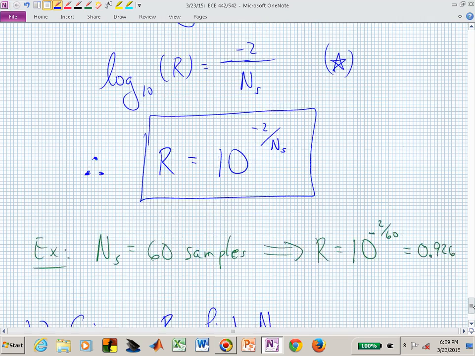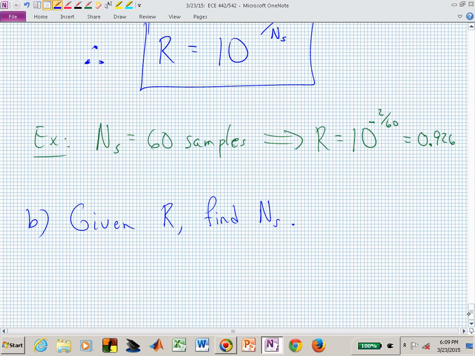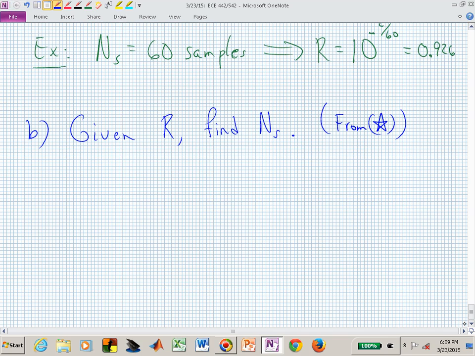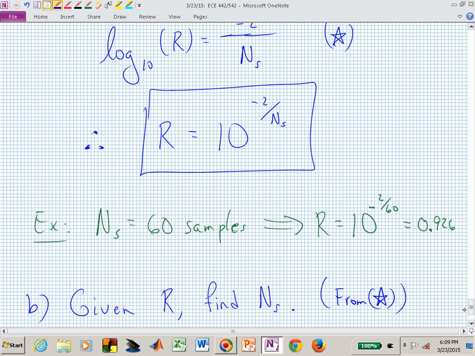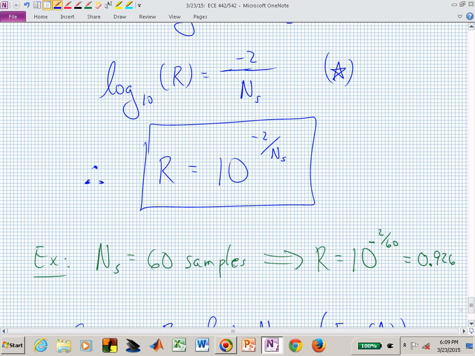Now, if we go back to this star equation, we can use that to solve for capital N sub S. Remember that N sub S needs to be an integer. N sub S is not a fraction, that's our number of samples.